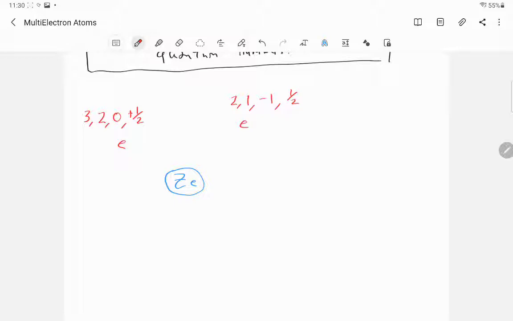This is possible, but you notice that n equals 2 indicates that I've got a lot of energy associated with this electron on the right side, and n equals 3 indicates that I have even more energy devoted to this electron on the left-hand side, which means this is a very energetic atom system, right? I'm up here in the high principal quantum numbers, so I have a lot of energy.